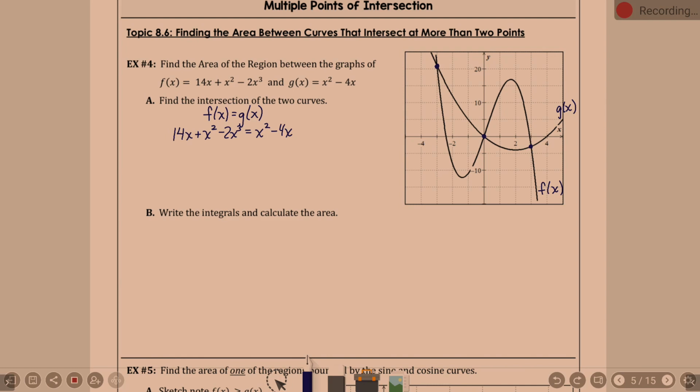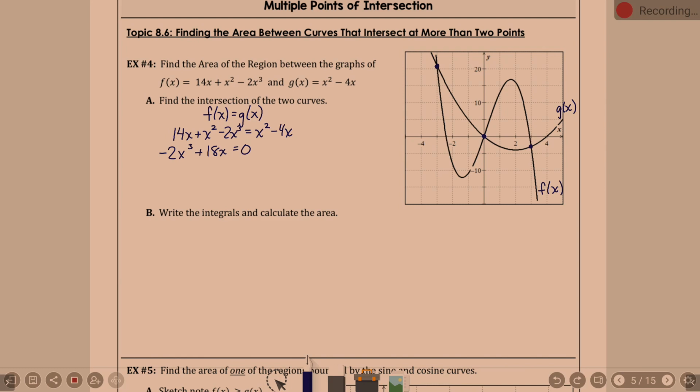Okay. Well, I would say let's try and make the equation equal to 0. Subtract x squared, add 4x. I probably should have switched the negative 2x cubed to the other side, but if I keep that on the left, if I subtract the x squared over, my x squareds cancel. If I add the 4x over, 14x and 4x is 18x.